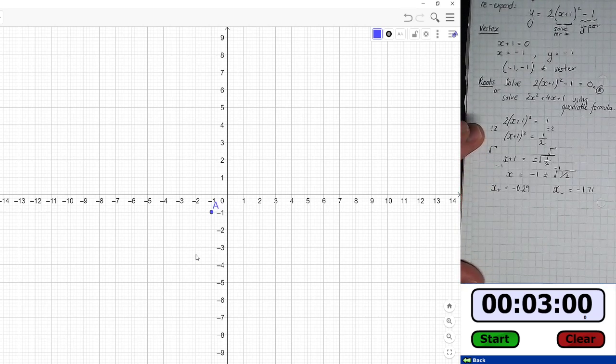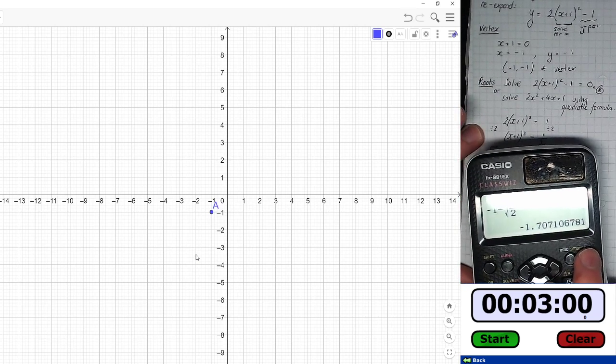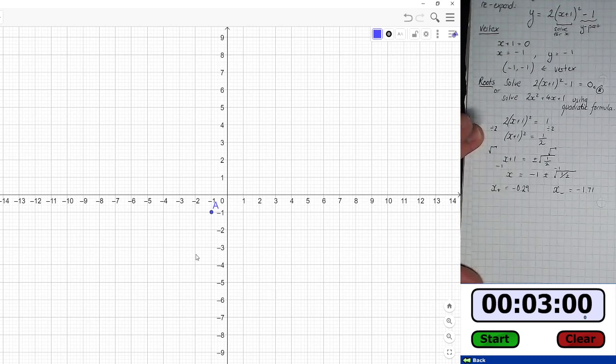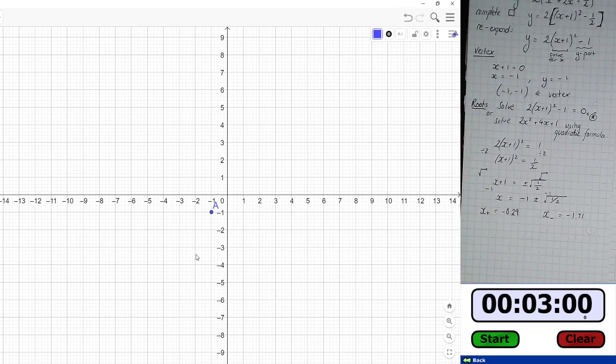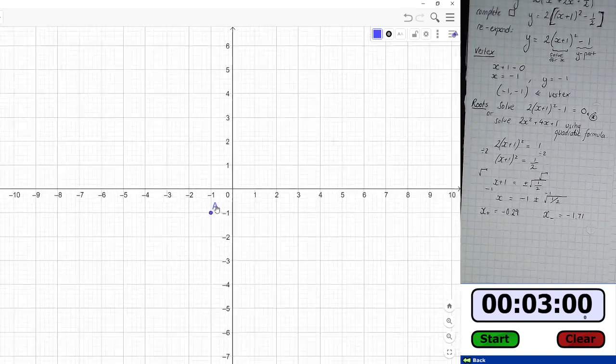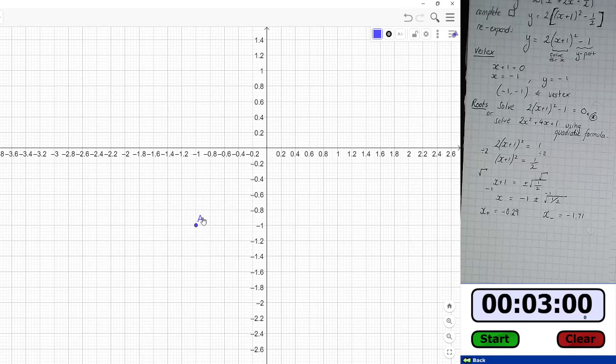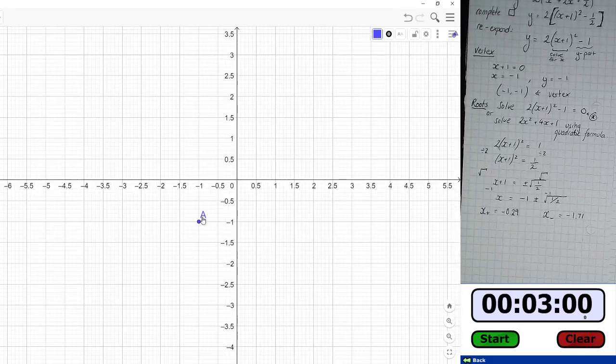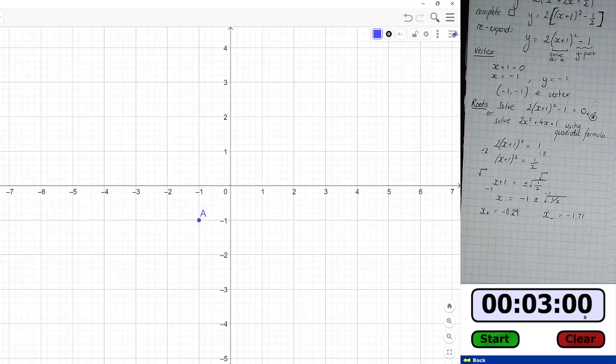Okay. So I've just typed those things into my calculator and got those answers. They're not particularly nice, okay? And trying to plot those accurately on our graph, if we were doing it by hand, would be a little bit awkward. We would just have to do it the best that we can.